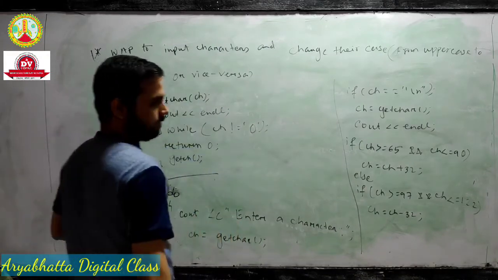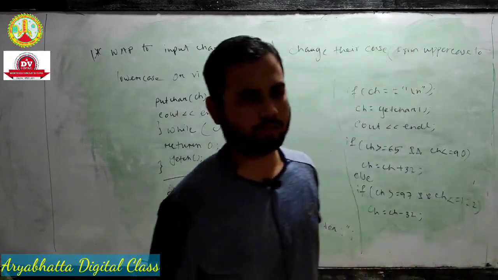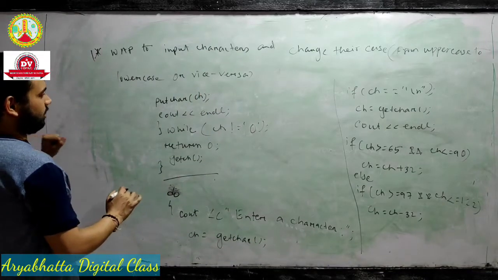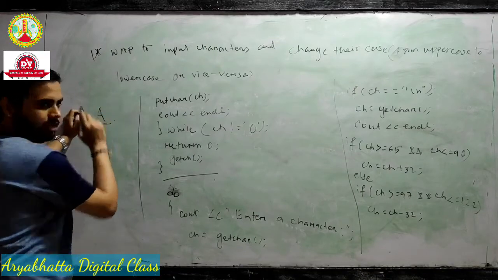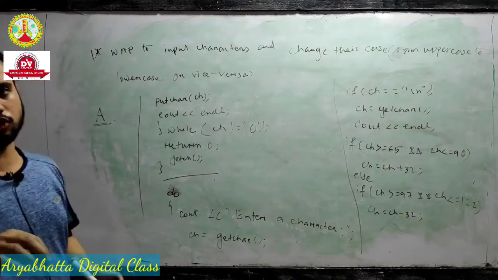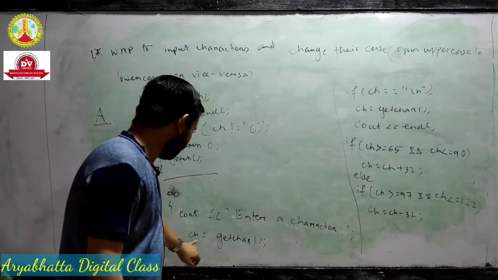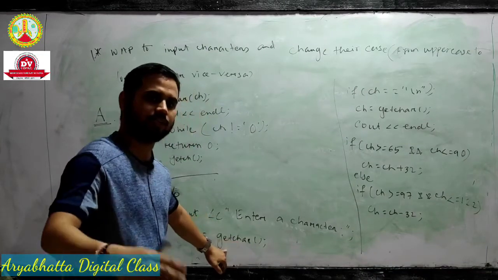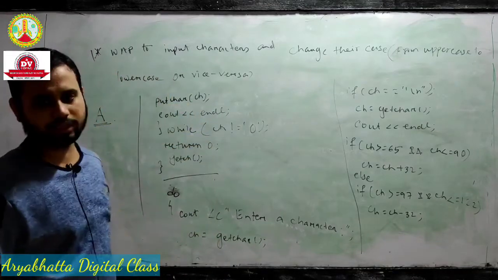Complete. Okay, you see, from the start, you enter a character, you have to input a character. Suppose you input an uppercase character. Suppose you enter uppercase character capital A. What we need is capital A converted to small a, meaning lowercase. How will it operate? getchar is the function for inputting the character value, and putchar is for outputting the character value.